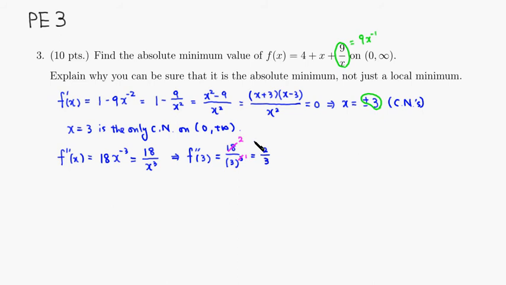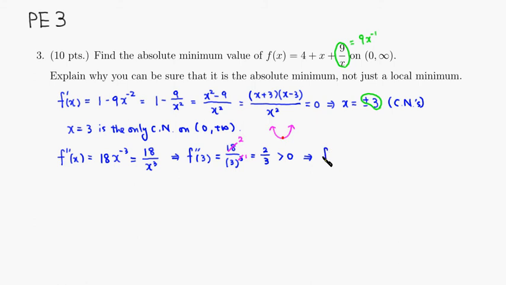We just need to know if it's positive or negative. Since this is positive, and the second derivative tells you about concavity, this indicates it's concave up. So we are looking at a shape like that, and the critical number is right at the bottom.